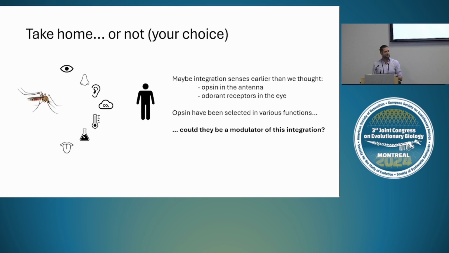So as a conclusion, when a mosquito is trying to find a host or whatever, interacting in an environment, it doesn't use only one cue, but a plurality of cues, and all of these cues have to be integrated together to have the behavioral response.